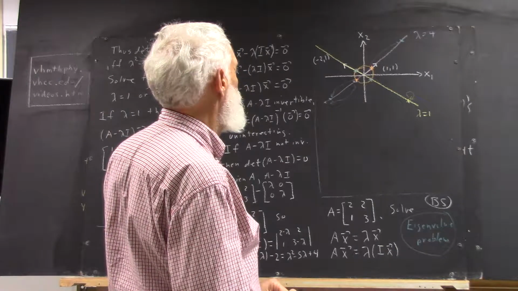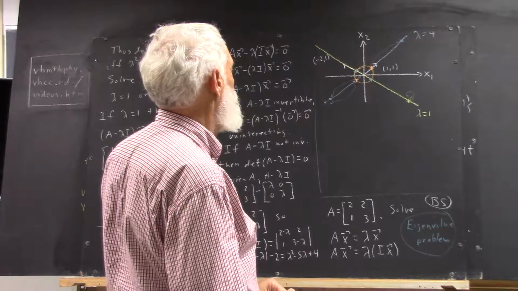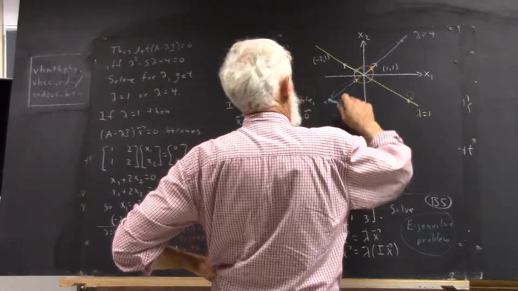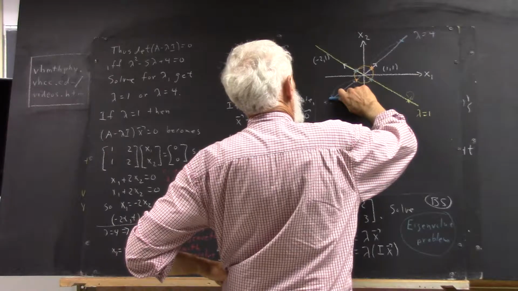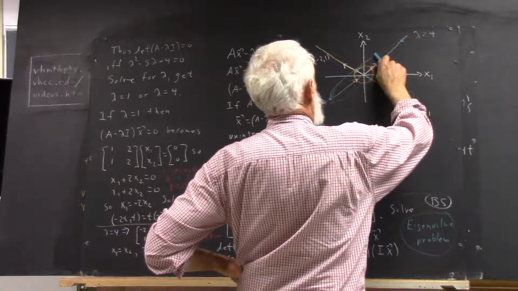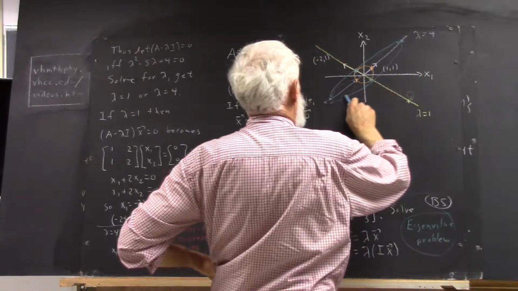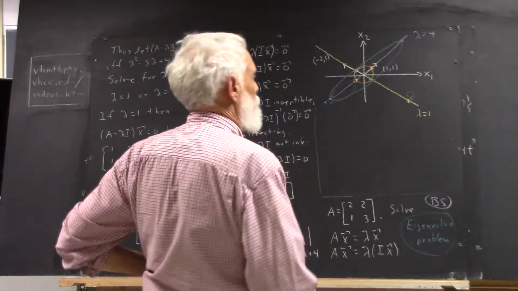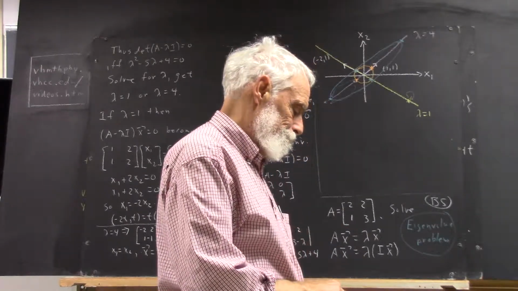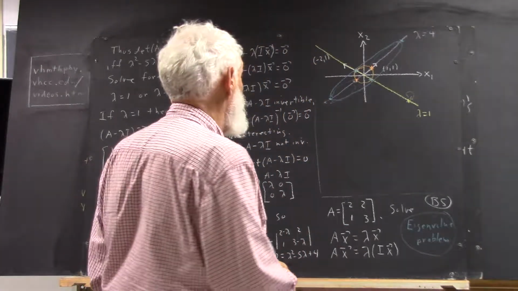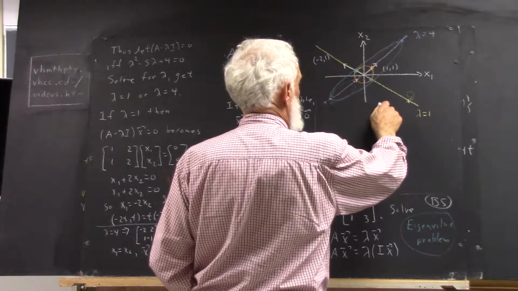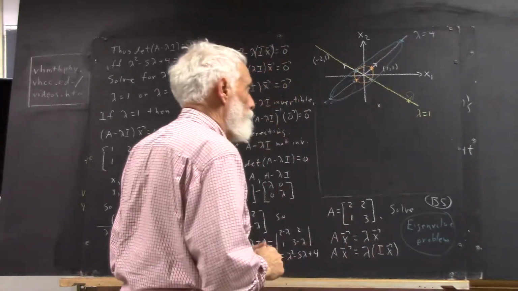Well, you know, you're going to get something that looks like this, sort of elliptical, okay? The mapping of any point, let's say this point here, okay?